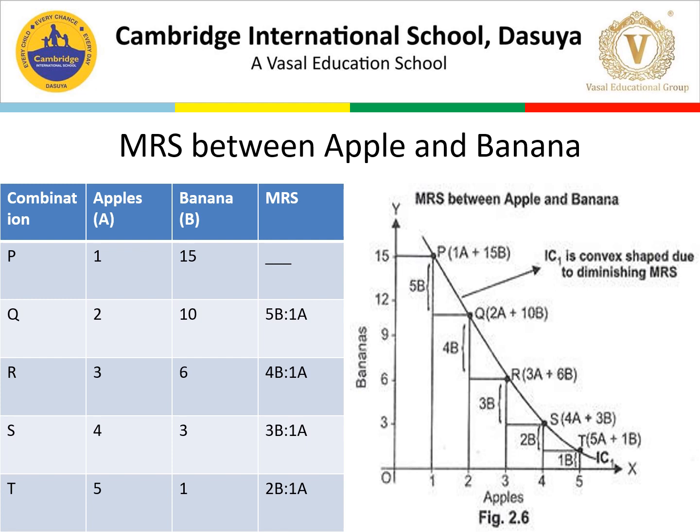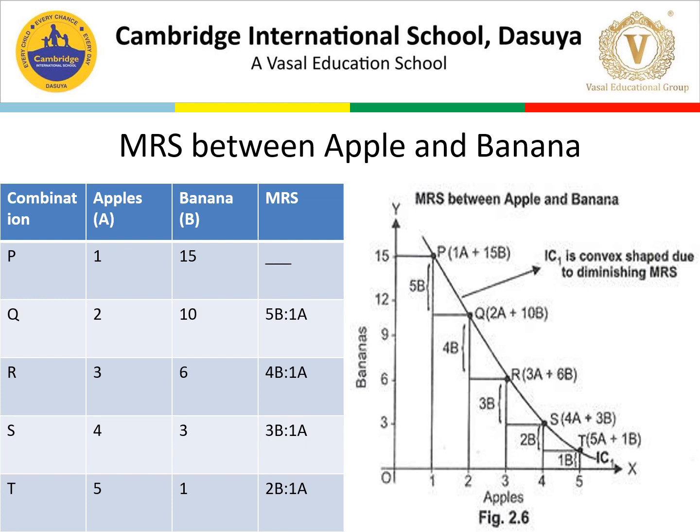So here it is 5:1, for banana and apple. The next one is 3 units of apples and 6 units of bananas in the R combination, and here 4 units of banana for 1 unit of apple is the marginal rate of substitution we are getting.